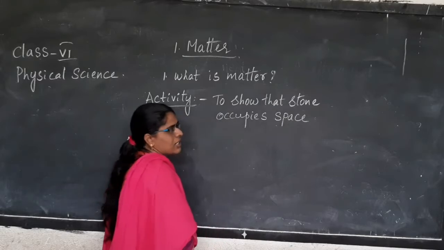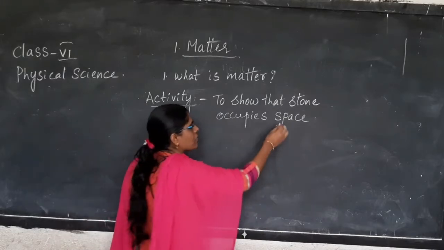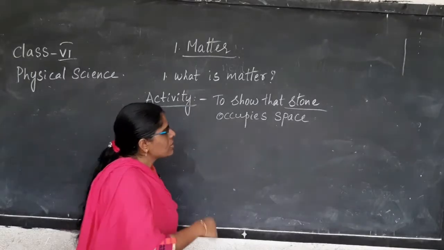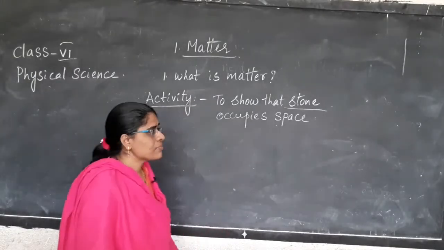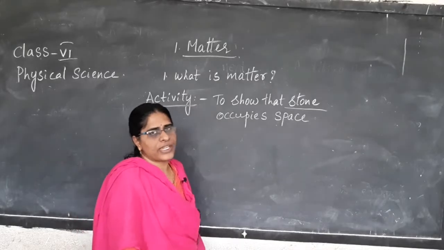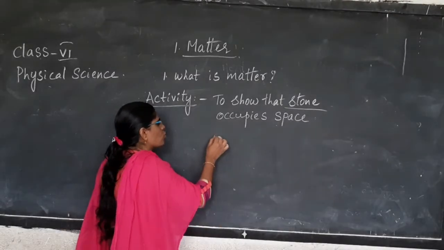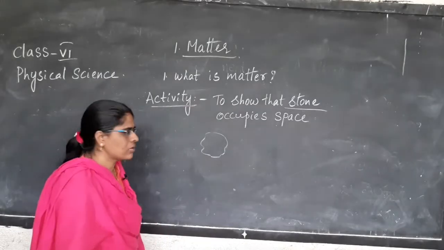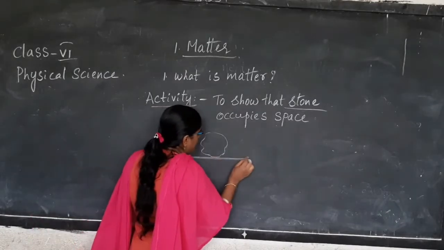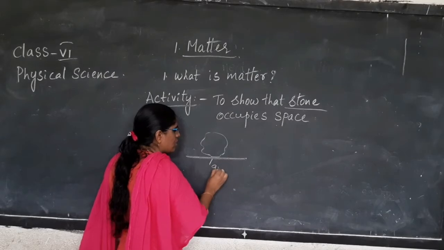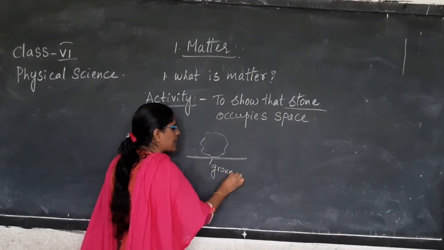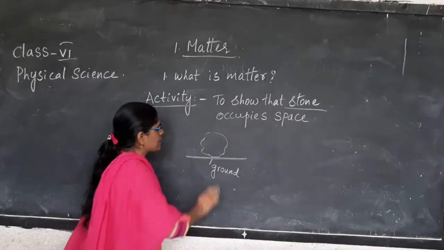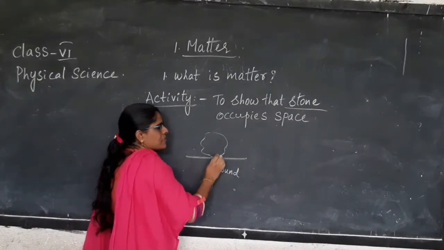First we will find out whether our stone comes under matter or not. Take a stone, place it on the ground. Now when I am placing it on the ground, is it occupying some space? Yes, it has occupied some space.